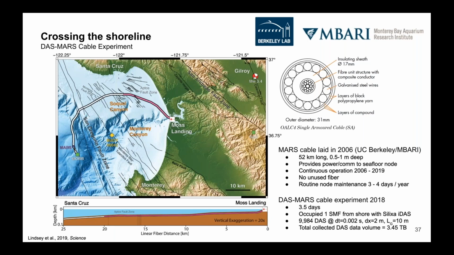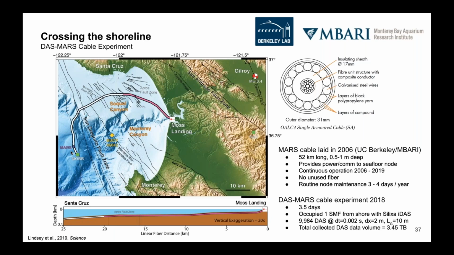This cable has a number of single mode fibers, and during a period of maintenance, those fibers are not being used. They do routine maintenance for a few days. We were sitting onshore doing a lot of DAS experiments, and we said, let's go offshore and see if we can occupy this cable and see what the data quality looked like.